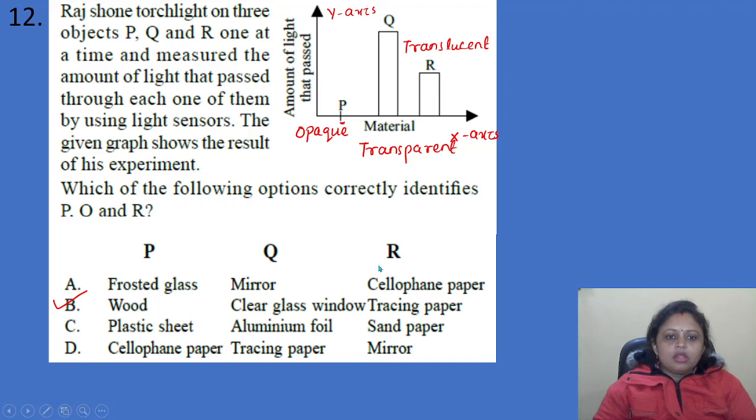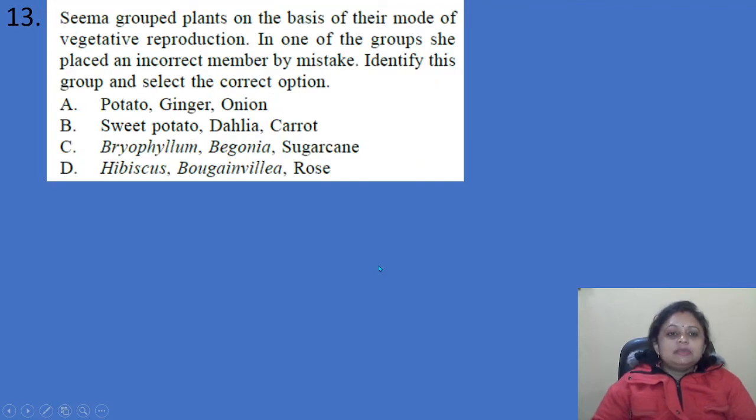Coming to the next question, Sima grouped plants on the basis of their mode of vegetative reproduction. In one of the groups, she placed an incorrect member by mistake. Identify this group and select the correct option. A, potato, ginger, onion. B, sweet potato, dahlia, carrot. C, bryophyllum, begonia, sugarcane. D, hibiscus, begonia, bougainvillea, rose.